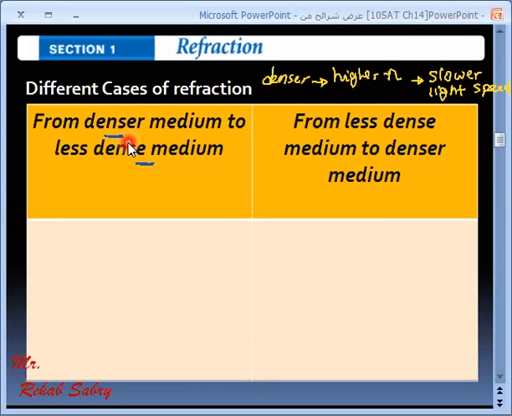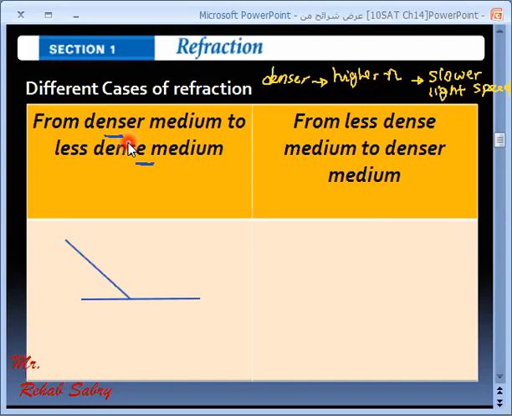This is the medium. Denser medium, like this. This is the light, the incident ray, okay?